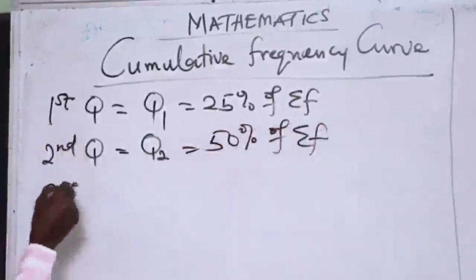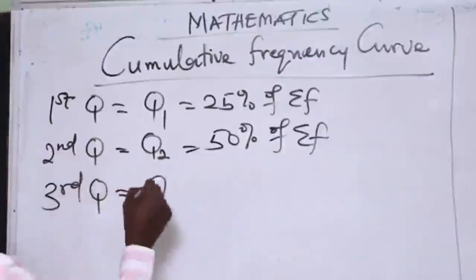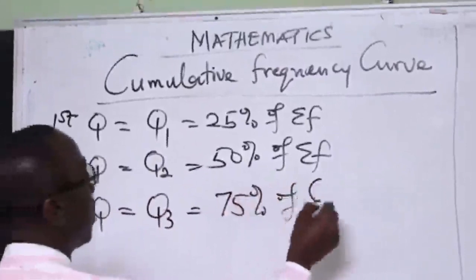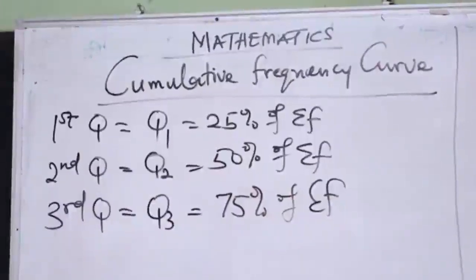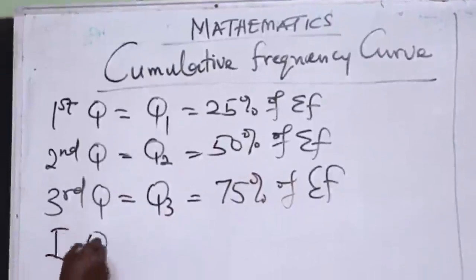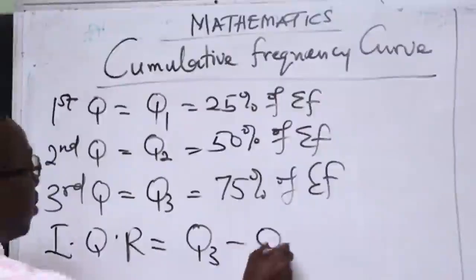The third quartile, which is the upper quartile, Q3, is 75% of summation F. We know that the fourth type of quartile is the interquartile range, IQR. That's Q3 minus Q1.